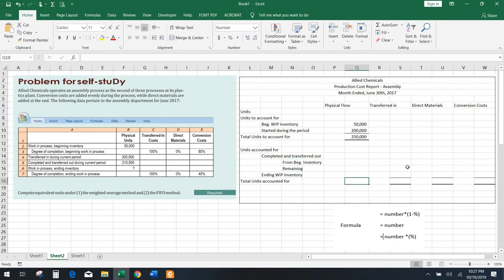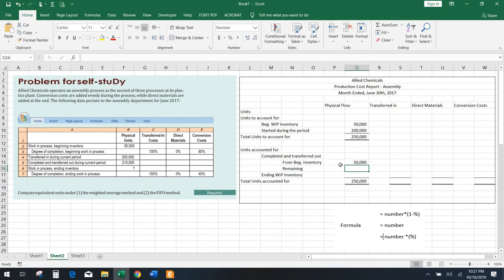So we know the bottom line, these two numbers have to equal. So this has to equal to this. We know the completed and transferred out. We know the beginning inventory has to be from the beginning inventory because those are the first ones. Okay, and then it says right here, completed and transferred out during the current period equals 210.